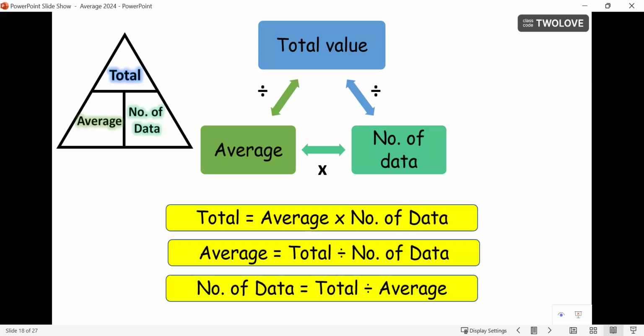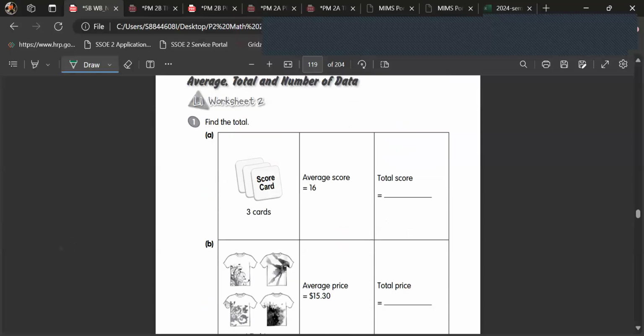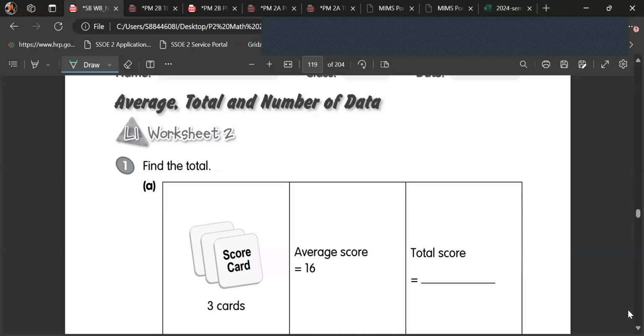So for example, let's start off with the worksheet. So over here, right at the top, it tells you already, here are the three quantities. Just now I color coded it: blue, light green, and dark green.